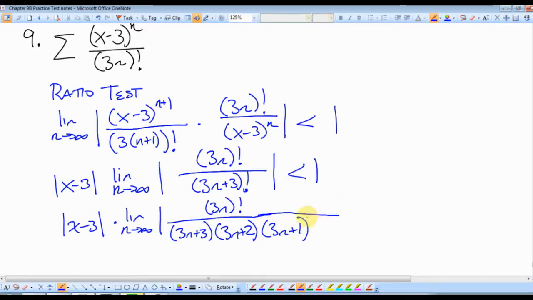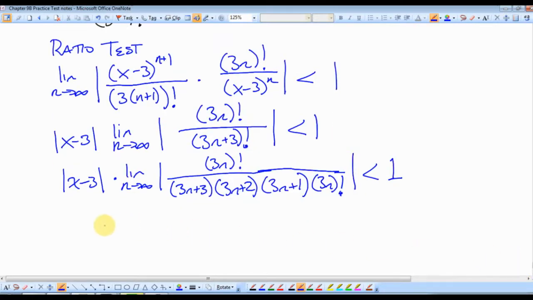And then factorial. Just a 3n factorial. 3n factorials cancel out. We're going to get 1 over this polynomial.